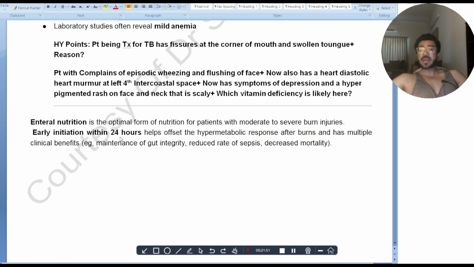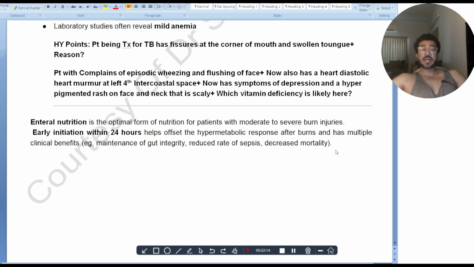So what are the benefits? They also tell the benefits. The benefits include maintenance of gut integrity. Gut is not just left like that. If it is continually being used, the integrity of the gut is maintained. Reduced rate of sepsis, decreased mortality.